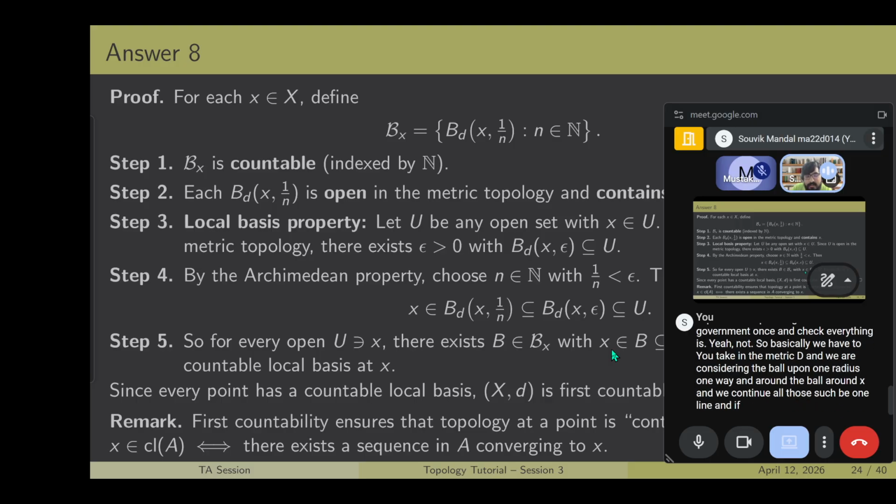If any open set contains x, it contains some B(x, 1/n). So there is nothing much to explain. Please go through the argument and check whether it's clear or not. Let's wait for one moment.